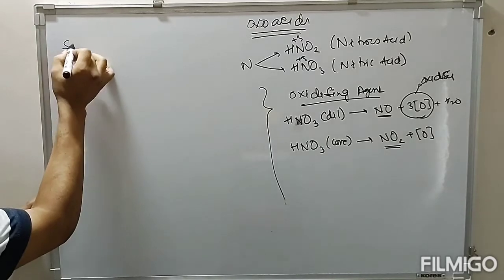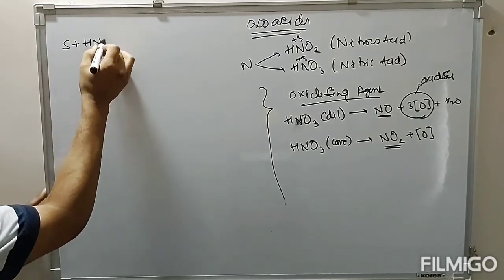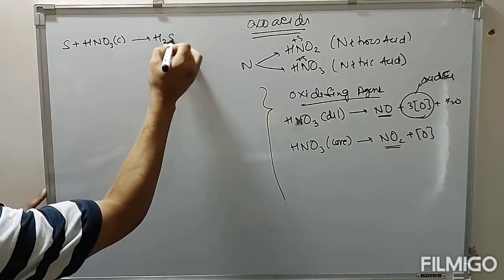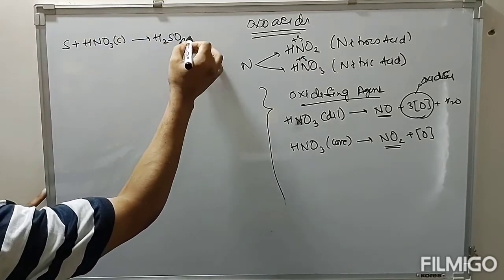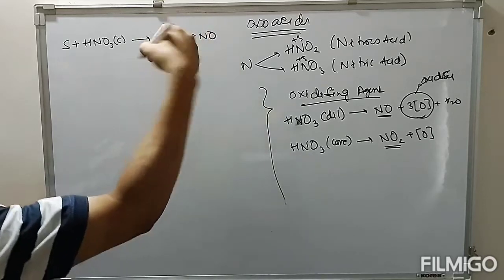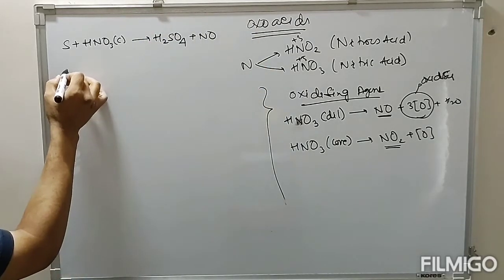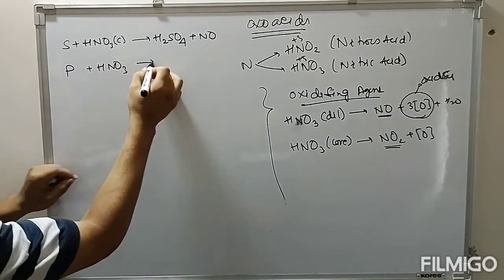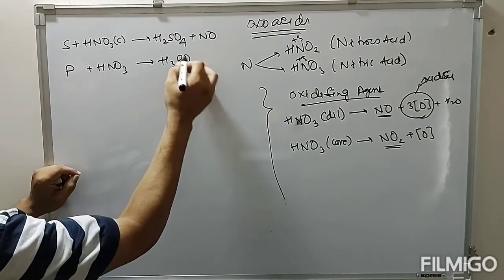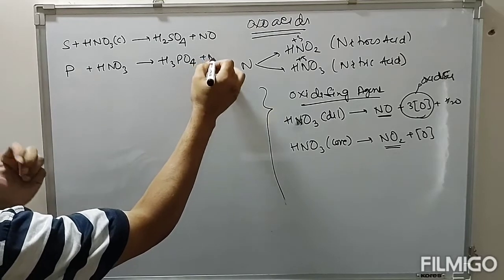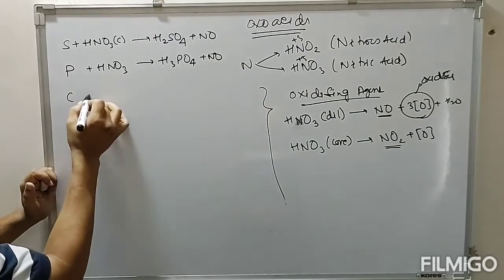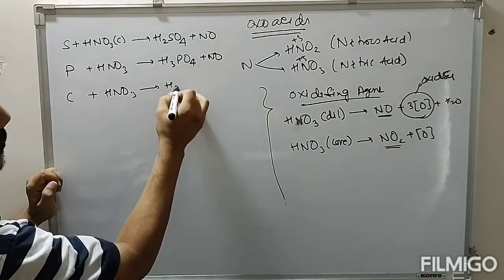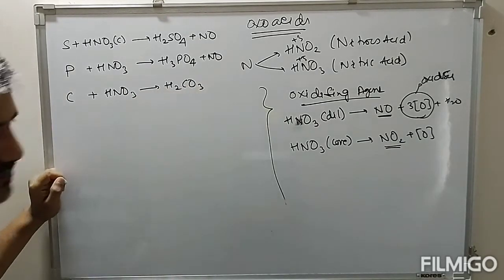So sulfur, when this reacts with concentrated nitric acid, gives you sulfuric acid plus water. Phosphorus, when this reacts with nitric acid, is converted into phosphoric acid plus NO. Carbon, when this is reacted with nitric acid, is converted into carbonic acid.